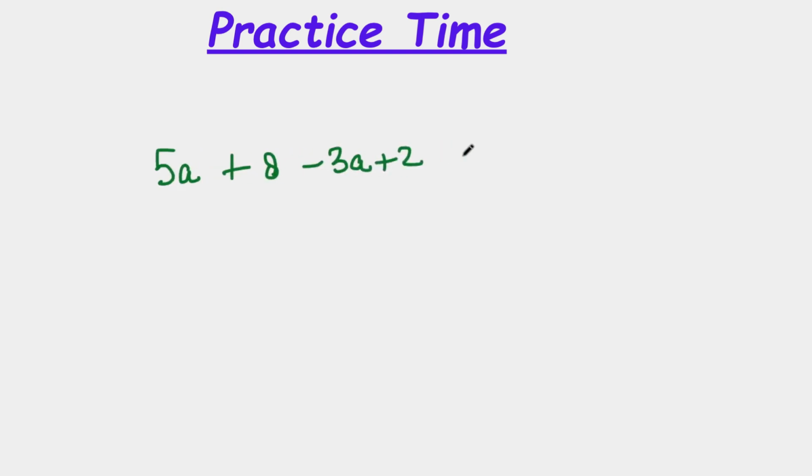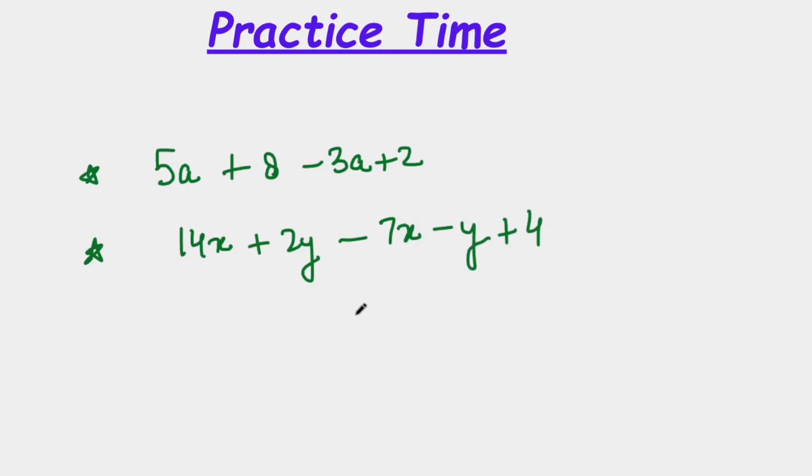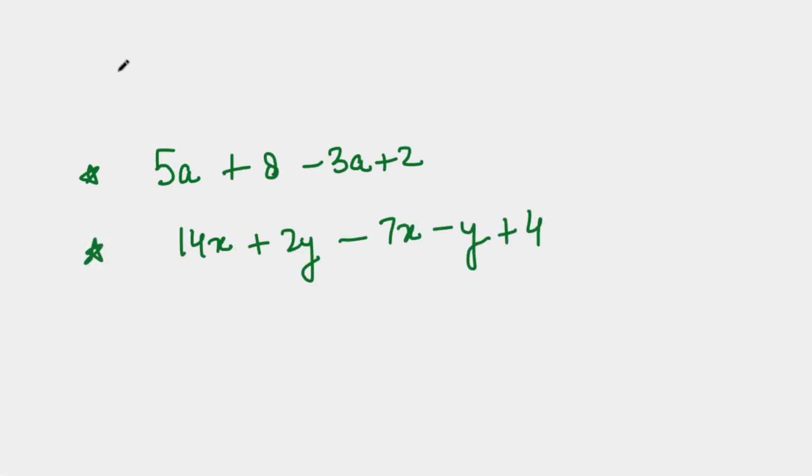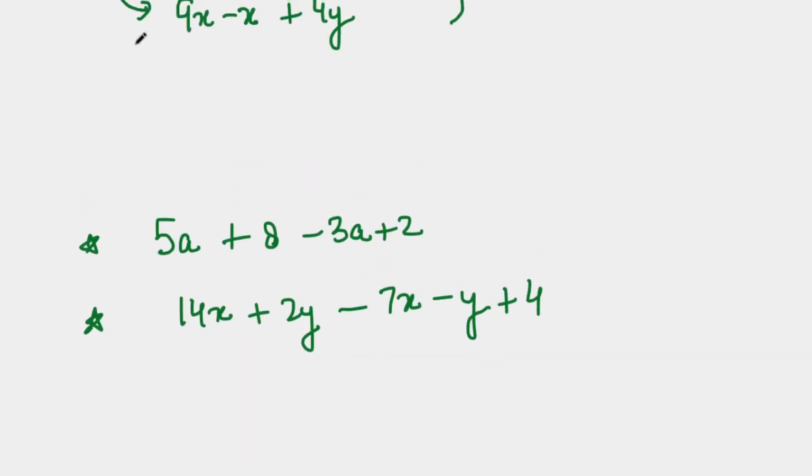Okay. Another one I'm giving you is 14x plus 2y minus 7x minus y plus 4. Okay. Now what you have to do, you have to find how many total terms are there.